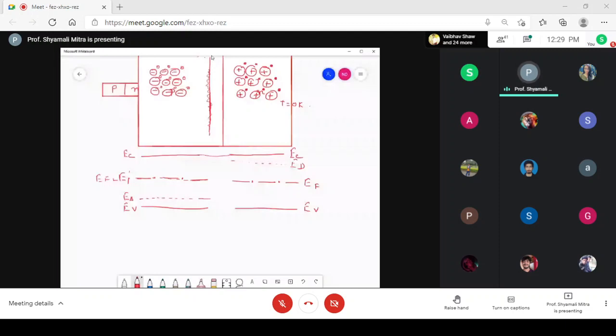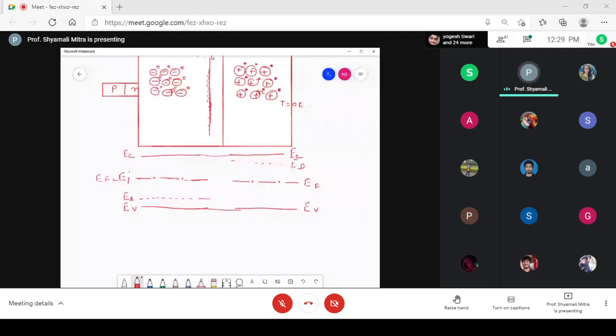At least the Fermi energy level must line up to indicate that this system is now in thermal equilibrium. So the Fermi levels must line up, and nothing exciting happens.